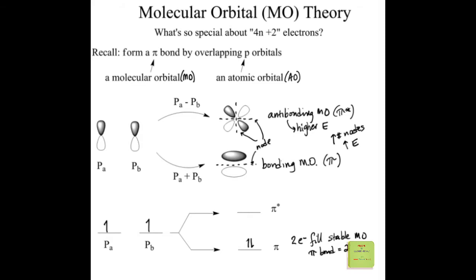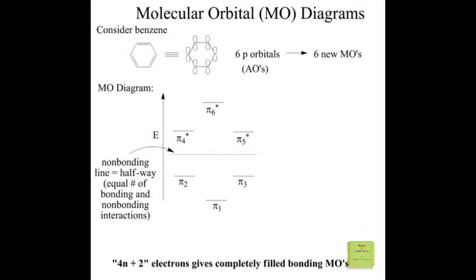Now let's take a look at benzene. Benzene doesn't have just a single pi bond. It has 3 pi bonds involving a total of 6 p orbitals. And because these are all interacting and involved in resonance and delocalizing the electrons, all 6 of those p orbitals are going to be combined to form new molecular orbitals. And so if you have 6 p orbitals, you're going to get 6 new molecular orbitals.